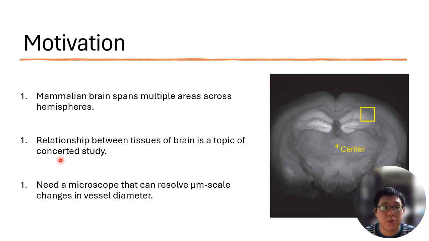The relationship between blood oxygen, vascular dynamics, and neural activity is a topic of concerted study, and this implies the need for a microscope that can resolve micrometer-scale changes in vessel diameter across all of the neural cortex and is further compatible with electrophysiological measurement.